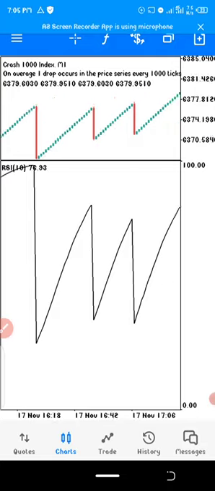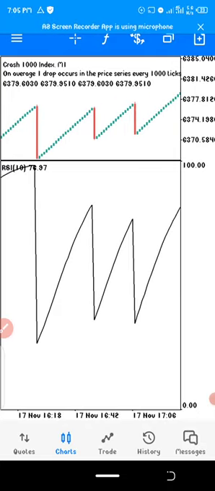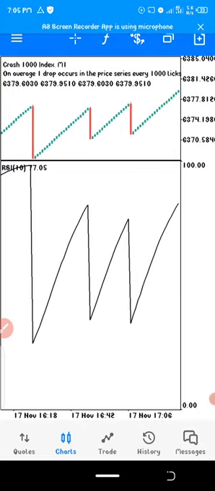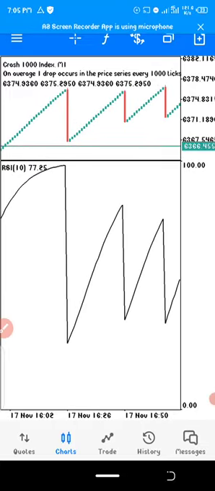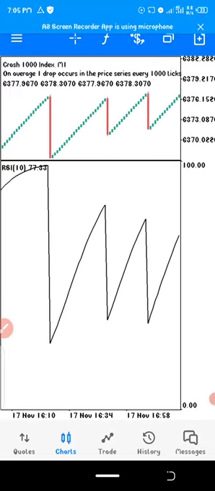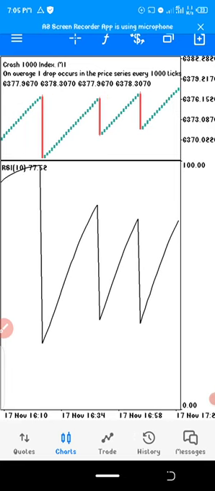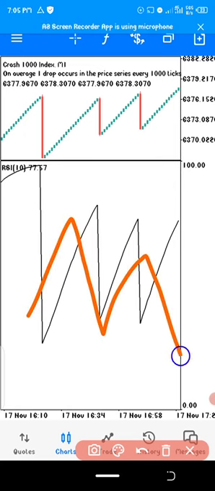All right, so what are we doing today? Like I said, we are going to be doing a price action video. We're going to be following a very simple price action step, which I call the two touch.